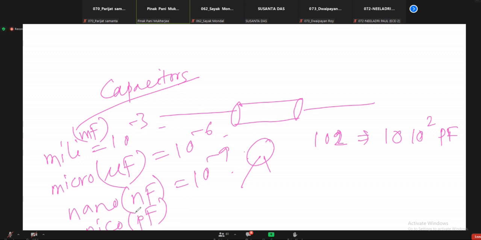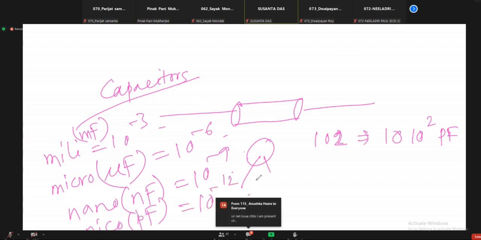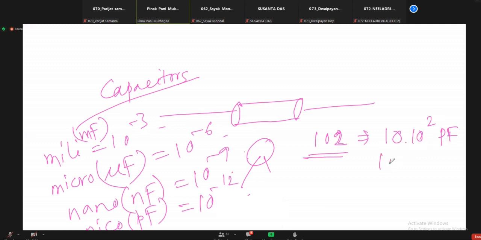Remember this p is small, it is 10 to the power minus 12. So 102 is 10 into 100 picofarad, that will actually be 1000 picofarad.